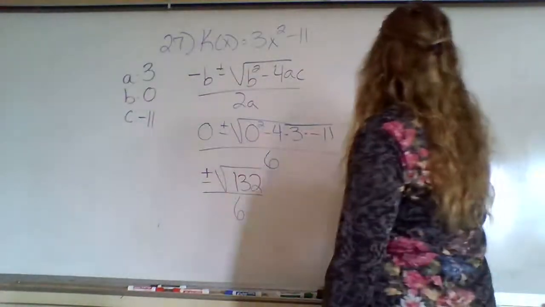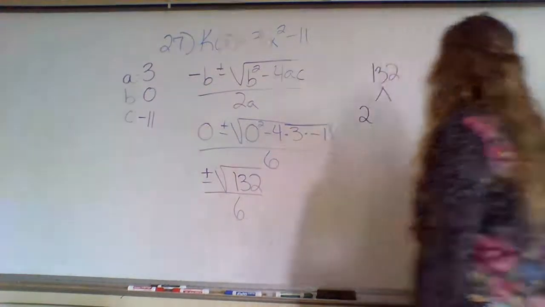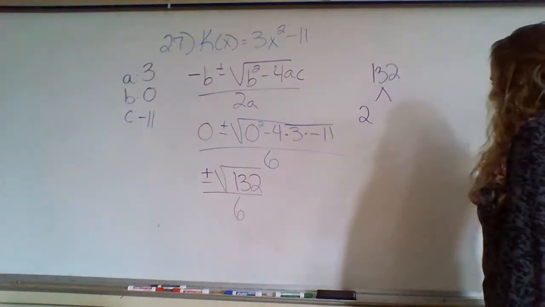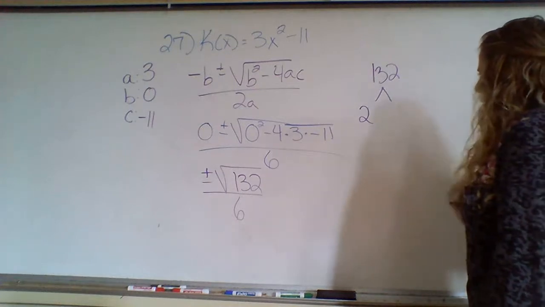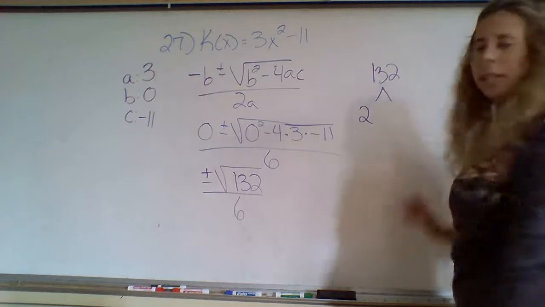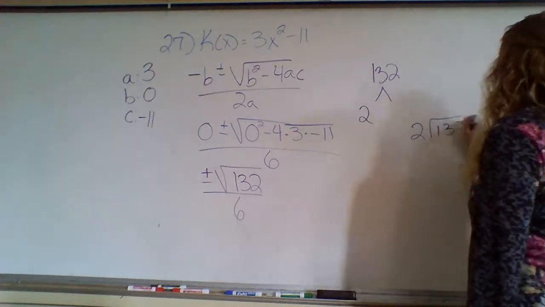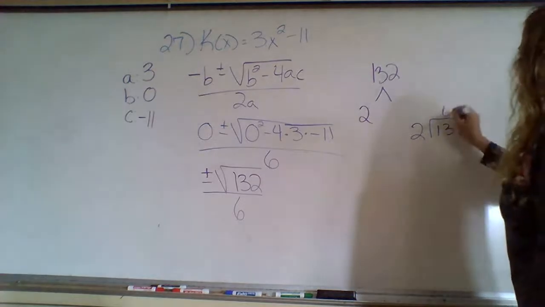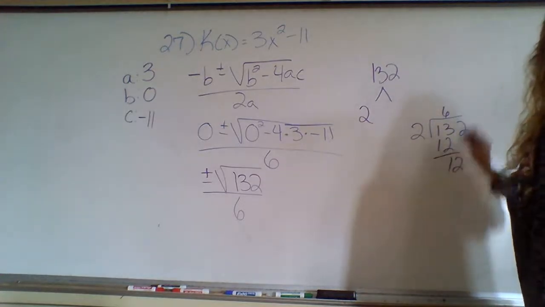It's going to be, let's see, 2 times... Instead of pulling out a calculator, let me just do it and see if I can get to the answer. 132. 2 times 6, 12, 2, 66.